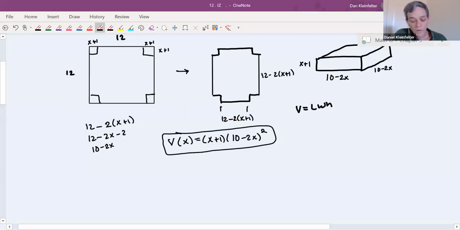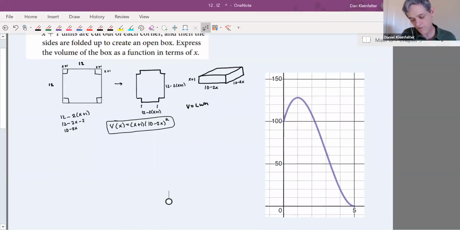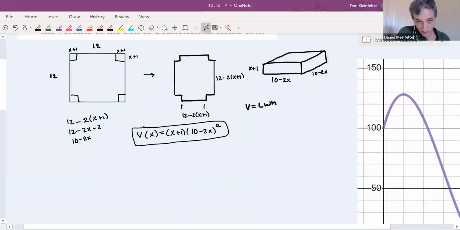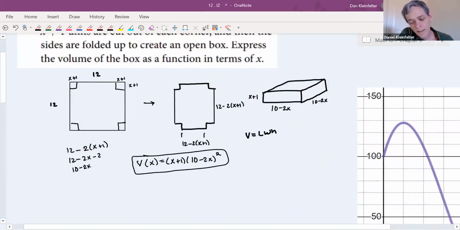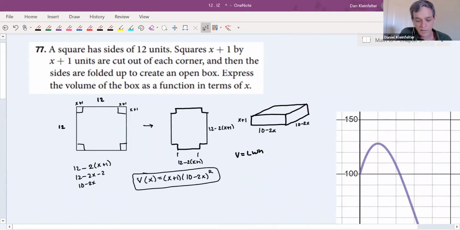So what would be fun to do next is take a look at the graph of the function. So let's see that. All right, so here's what the graph of our volume function looks like. So the other thing to talk about is the domain for our V. Of course, we talked at the beginning of this section about how the domain for a polynomial was all real numbers. But the realistic situation here is that the x can't be any real number in the world, right?